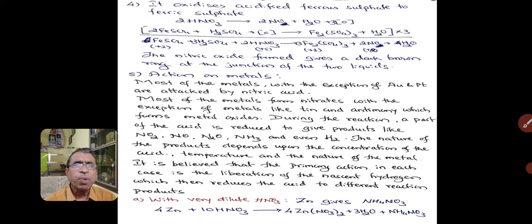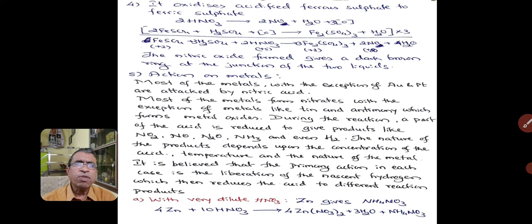The nature of the products depends upon the concentration of the nitric acid, temperature, and the nature of the metal. It is believed that the primary action in each case is the liberation of nascent hydrogen, which then reduces the acid to different reaction products.